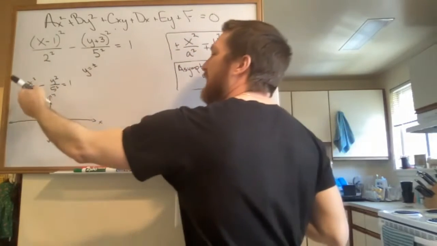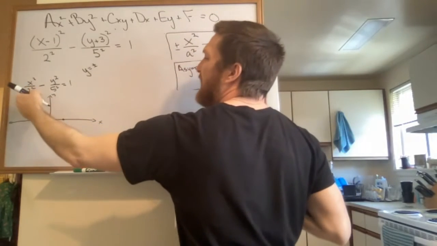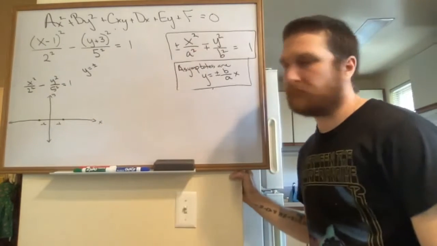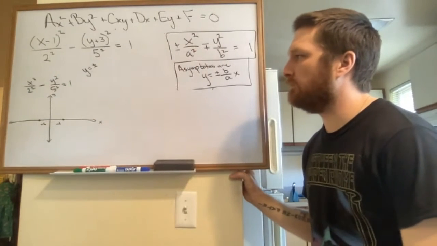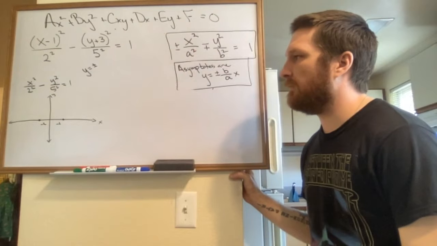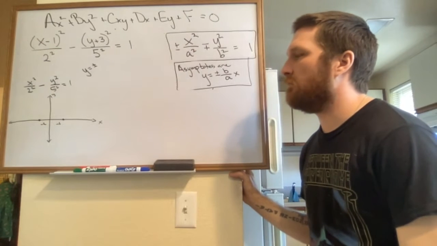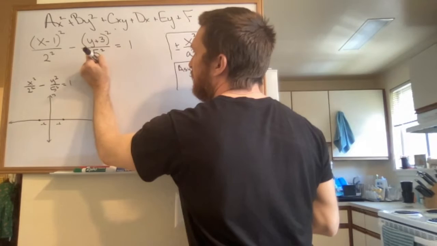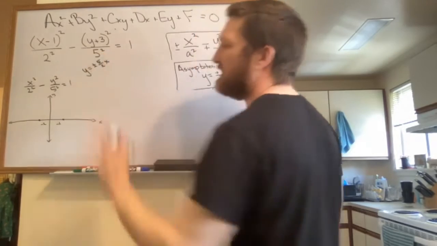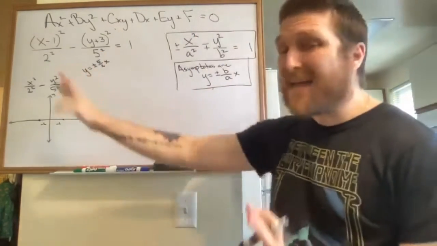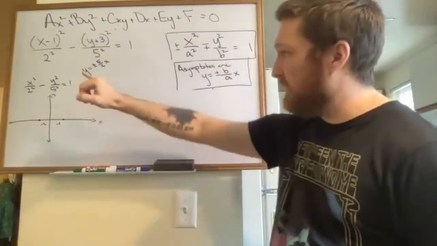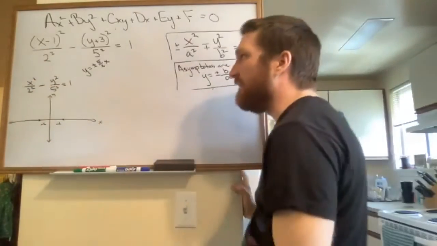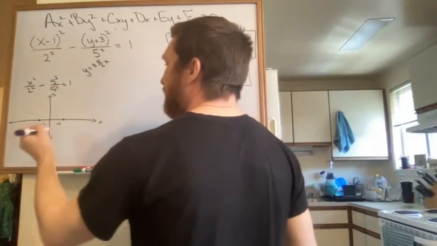Whatever's in the denominator of the x is going to stay in the denominator. And so what's my slope? 5/2. There you go. So my asymptotes for this guy who hasn't been shifted is whatever goes with the y on top, whatever goes with the x on the bottom. We have 5/2, so plus and minus 5/2.